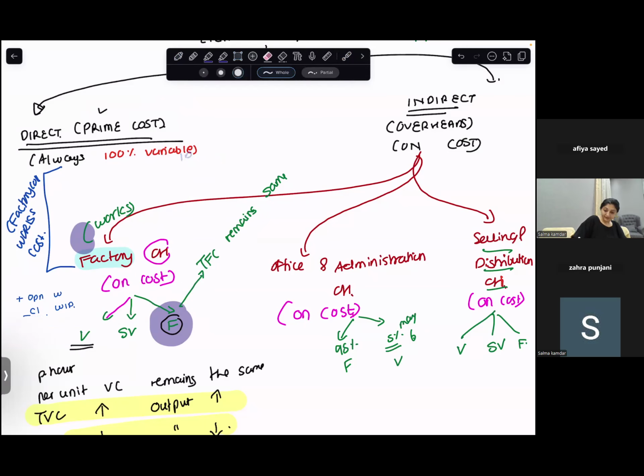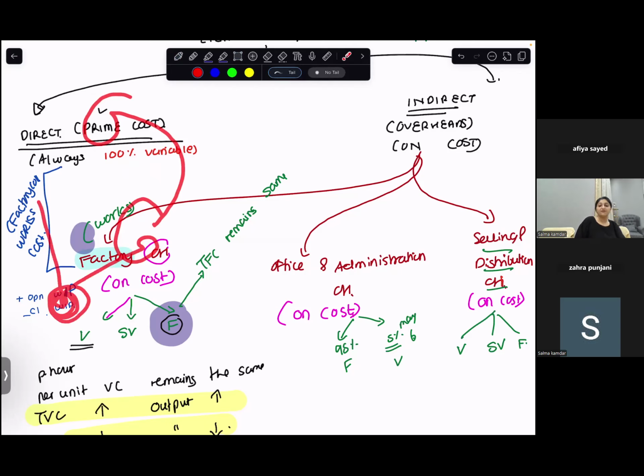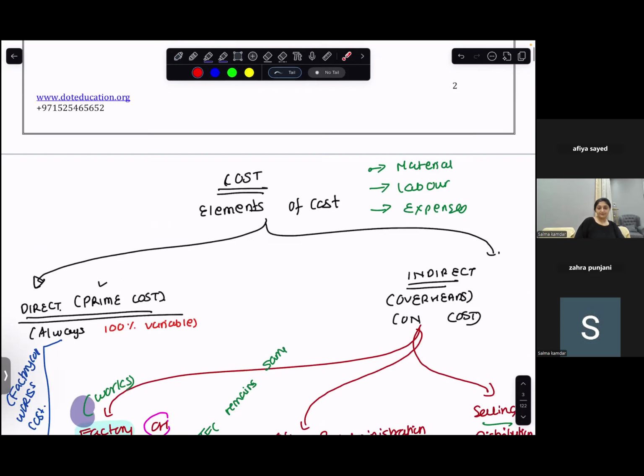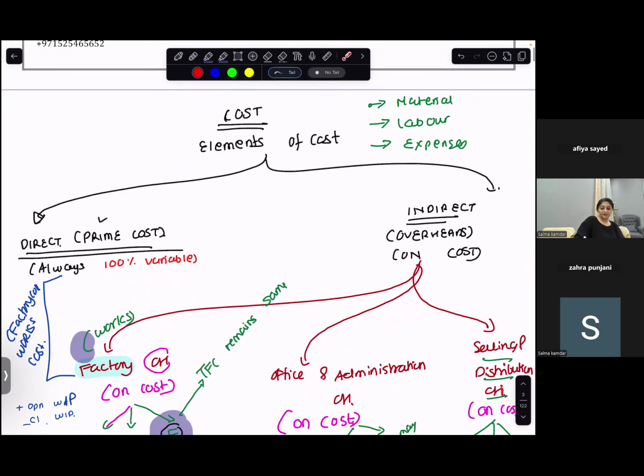Prime costs plus factory overheads, you're going to get some total. In that you adjust your opening and closing work in progress, you're going to get works cost. That means cost of doing your work in the factory.